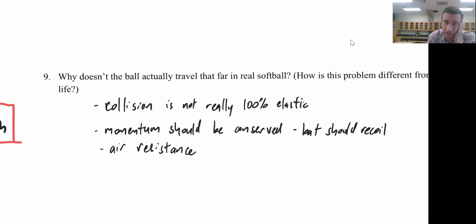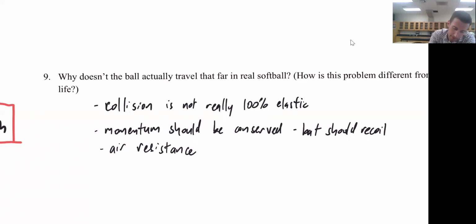In real life, the air is going to push back against that ball and slow it way down. So instead of going all the way out and following a perfect parabola, it would go out and then kind of die and come more vertically down. So air resistance would reduce the distance by a lot.